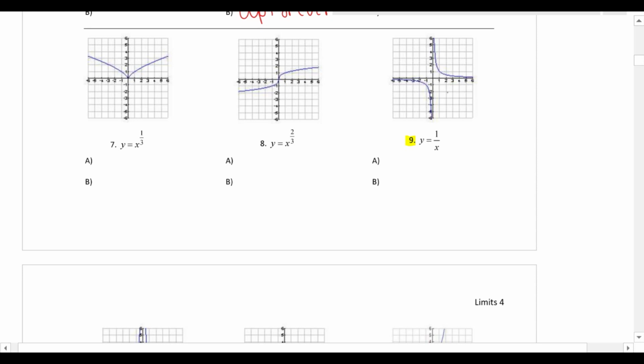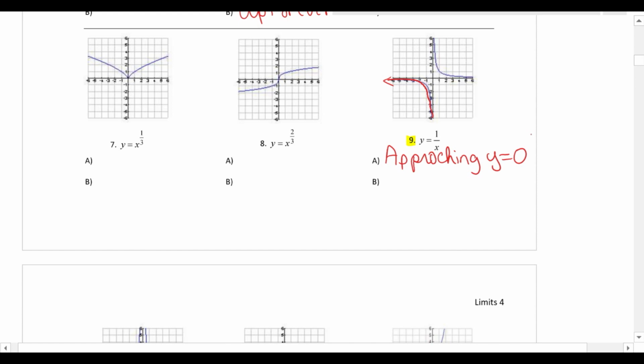So as I go left forever, ooh, look, it looks like my graph is stopping at 0 or chilling out at 0. So I'm actually going to write the Y's are, why don't we use this new word, approach. It looks like the Y's are approaching Y equals 0, or approaching 0.